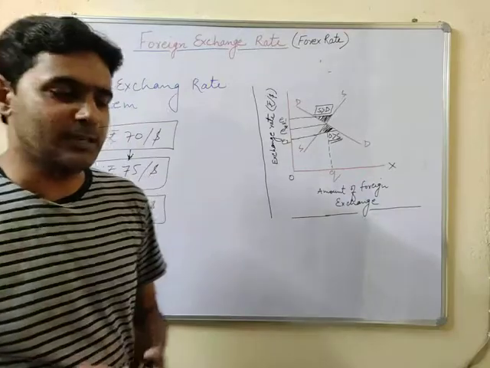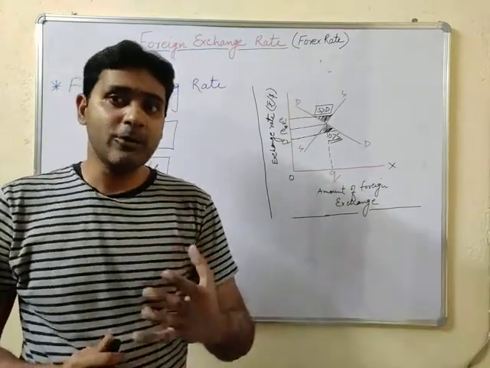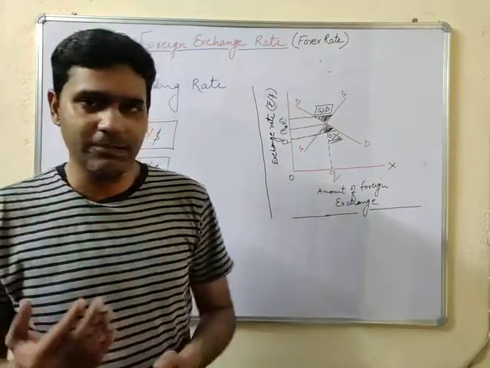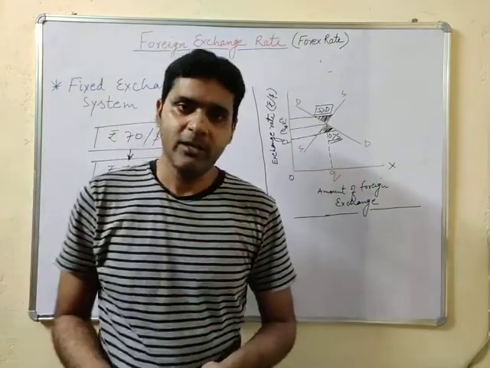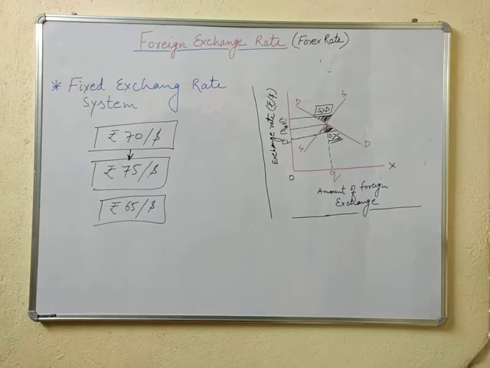Hence we can say that official reserves play a big role during the fixed exchange rate regime compared to the floating exchange rate system. Now you can pause the video to note it down.